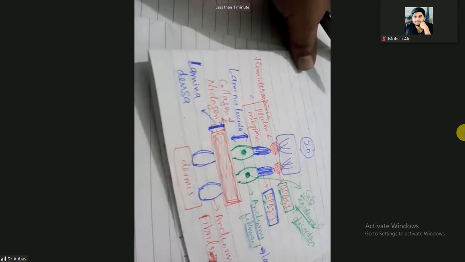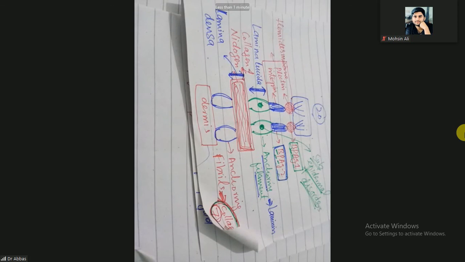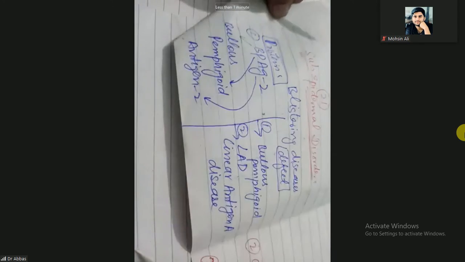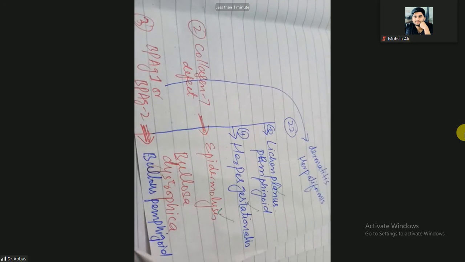When there is a defect in collagen 7, the disease is epidermolysis bullosa dystrophica. So just remember the names of the diseases and their presenting proteins. We will discuss all these with their clinical aspects: the clinical features, and the sites where they are present.